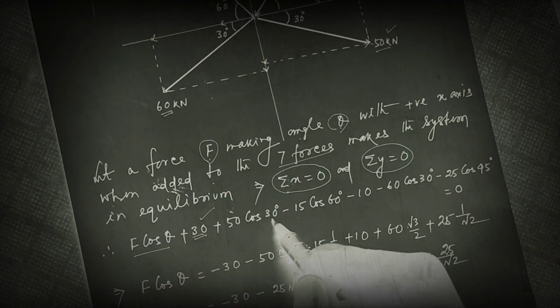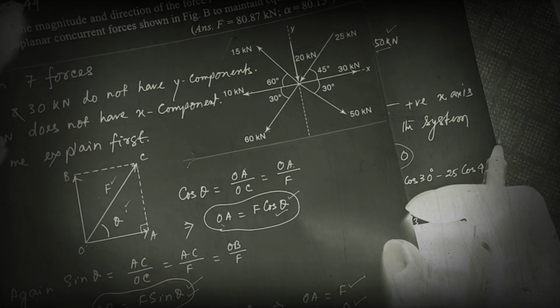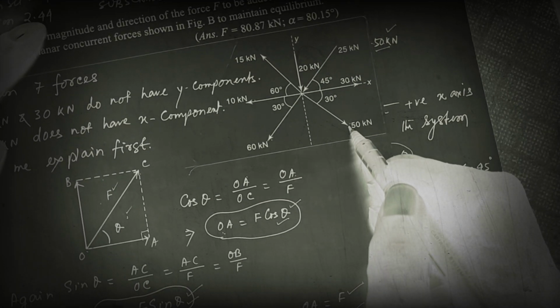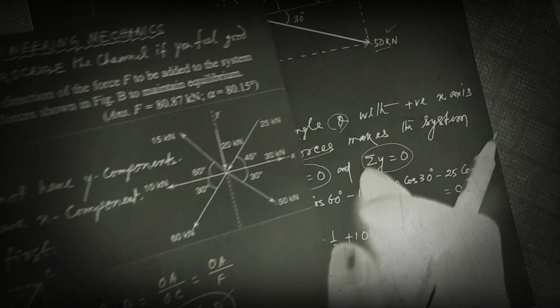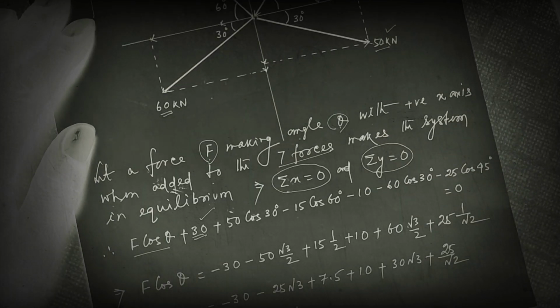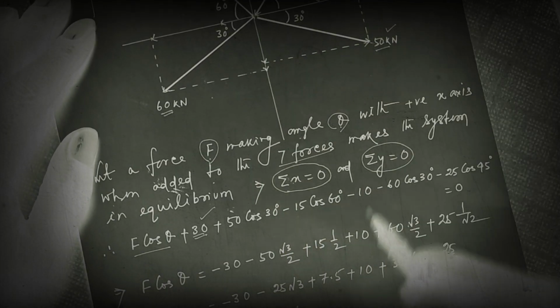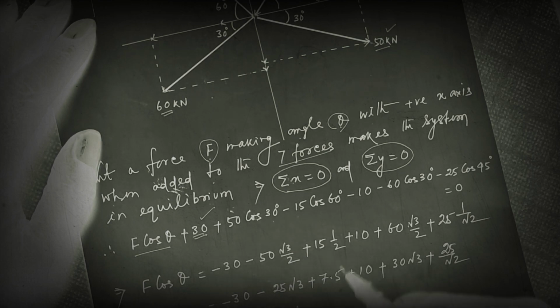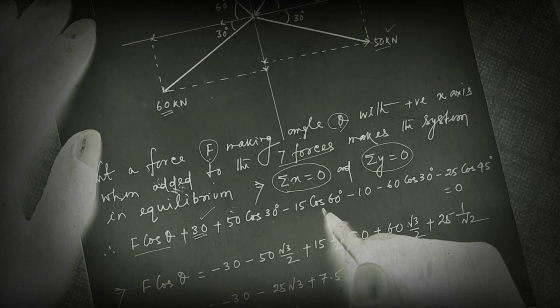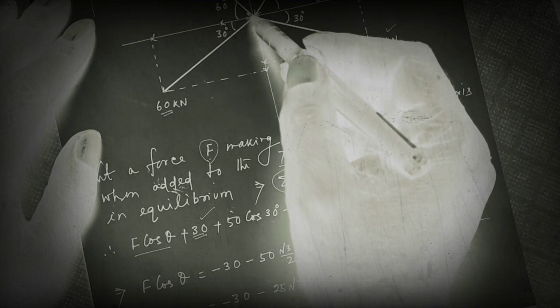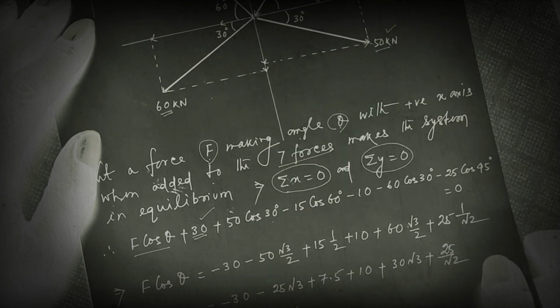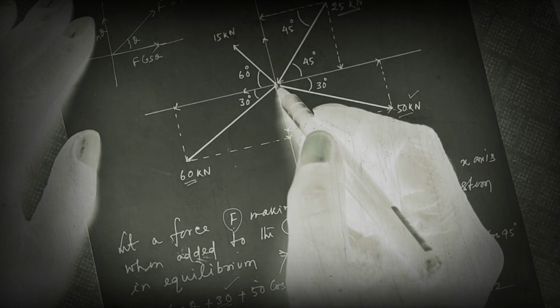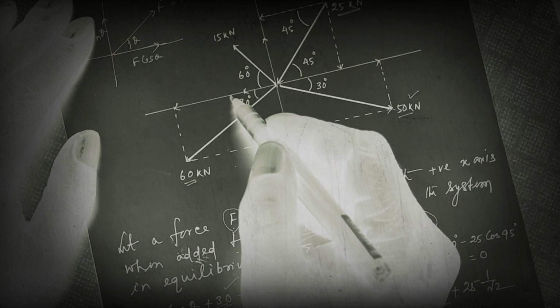Then 50 cos 30, the component of this along this side, that is this one, 50 cos 30. Then minus 15 cos 60, this is 15. So the component of this is along the negative x-axis.